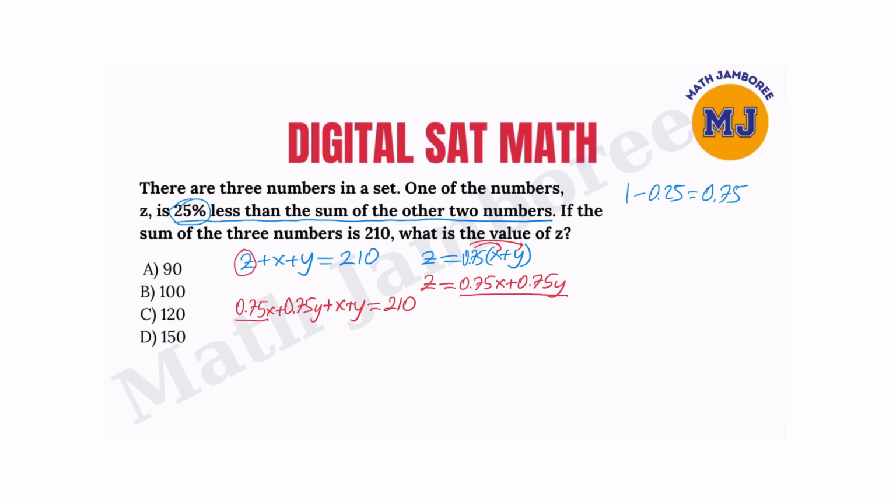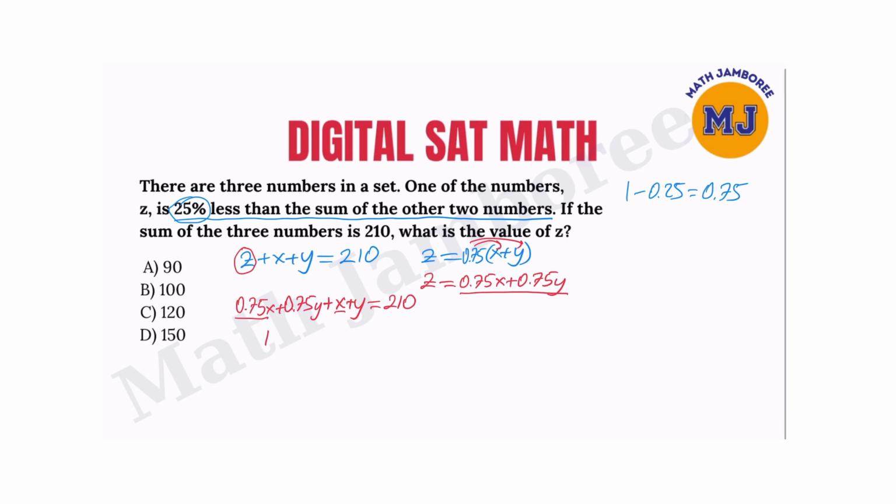So these are like terms, and the y terms are also like terms. 0.75x plus 1x gives us 1.75x, plus 1.75y is equal to 210. 1.75 is in common here, so we can take it out in parentheses: 1.75 times x plus y equals 210.